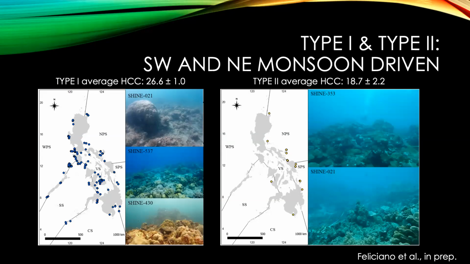Okay, now one of the things that was done with the nationwide survey of reefs is we tried to classify the different community types. Okay, and I wanted you to see how coral cover behaves, and that's why we encourage now you don't just use the hard coral cover scale.